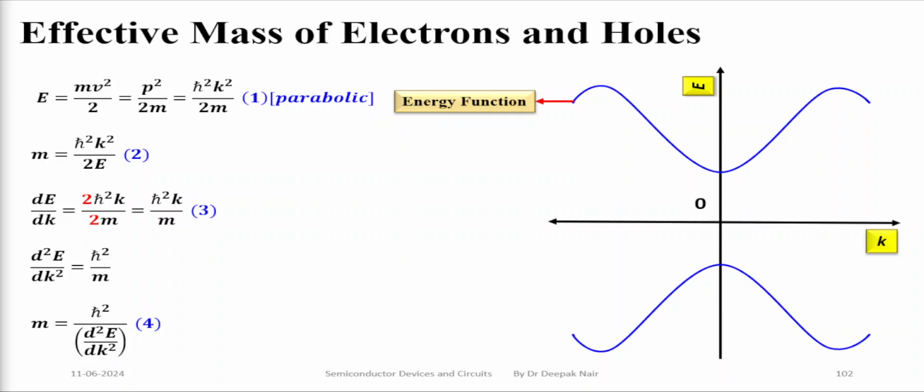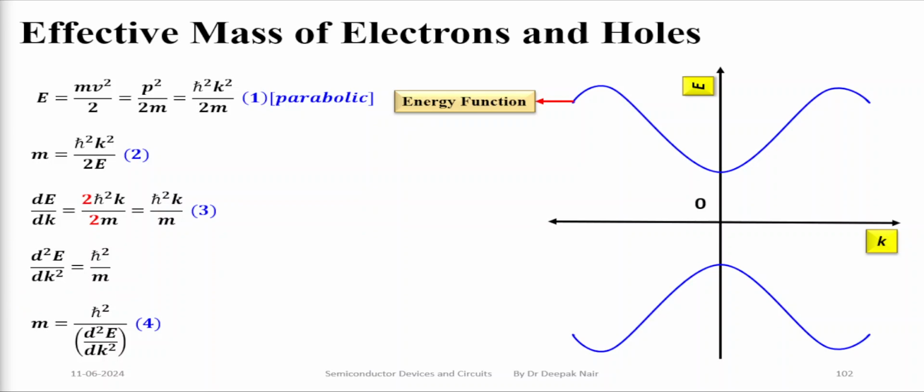Let us call this the third equation. Further, if we take the second derivative of energy with respect to k, it will give us d square E upon dk square. Since k has a power of 1, it will be gone. So h bar square upon m is the second derivative of energy with respect to k.